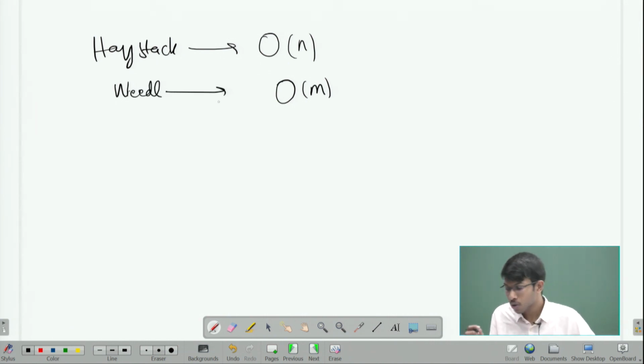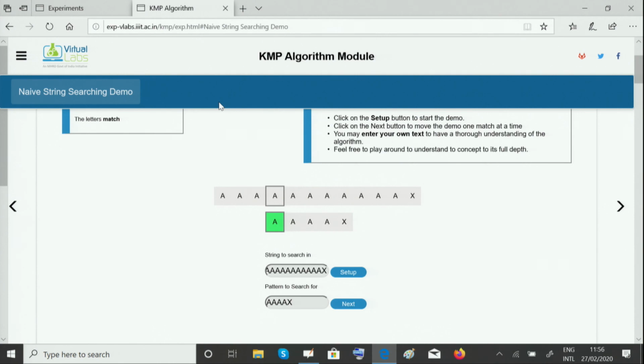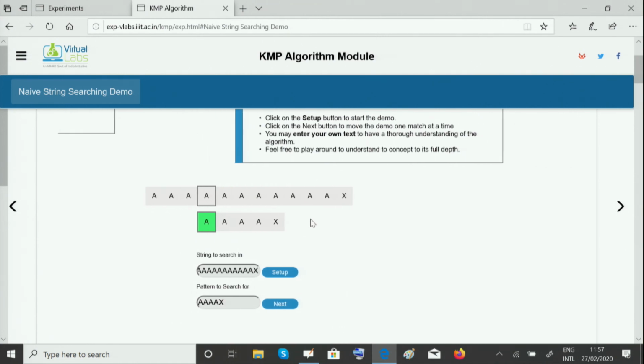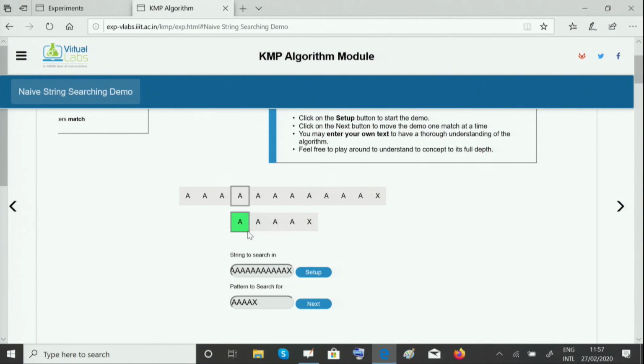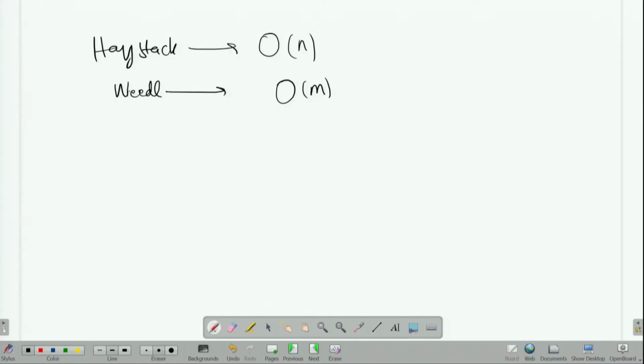Then as we saw in this example, for each position we are searching for the entire needle, and once it fails we are moving just one step ahead. Therefore the searching algorithm would be O of m times n, because for each position in the haystack we are trying each of the m characters in the needle.